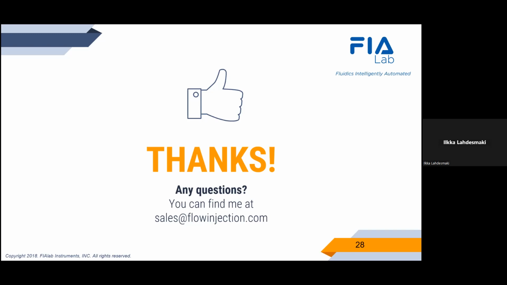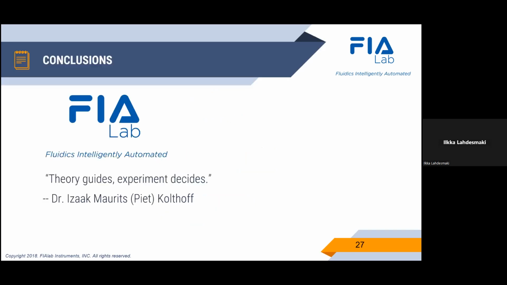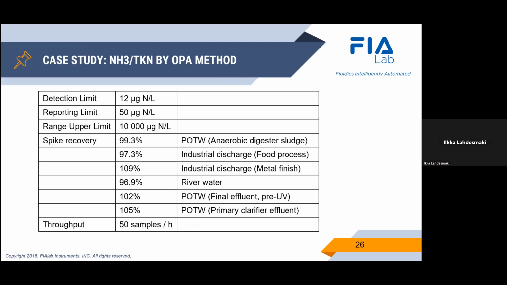Okay, and two additional questions from G. Haleb. What is the lower detection limit for ammonia is the first one. Let me go back a couple of steps here. So for this particular configuration, hopefully the slide is still visible, the detection limit was 12 ppb and reporting limit was 50.